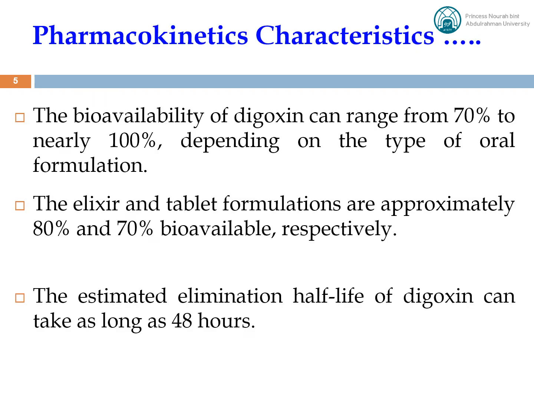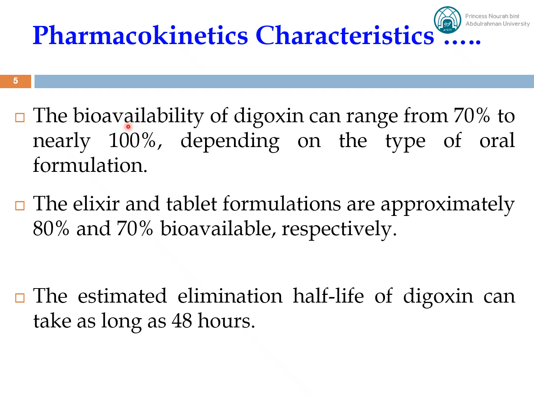Now, the bioavailability of digoxin can range from 70 to nearly 100%. What does this mean? It means that the F value could be between 0.7 up to 1.